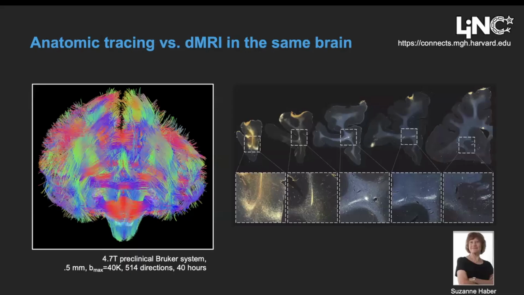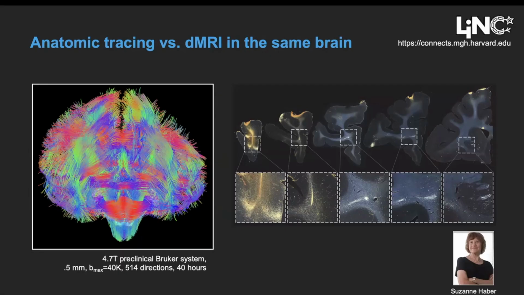So how I started doing this kind of validation work is working with Suzanne Haber, who's a well-known neuroanatomist doing primate work with tracer injections. And she sent us brains from macaques that had received tracer injections in her lab.